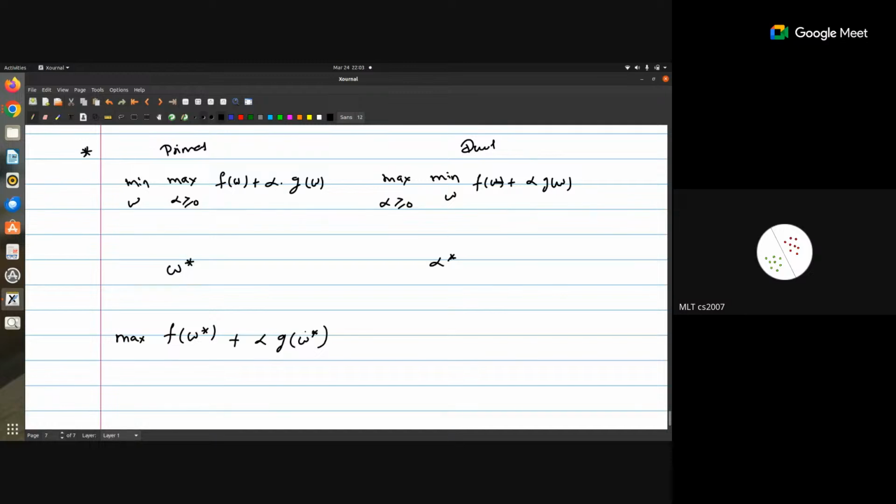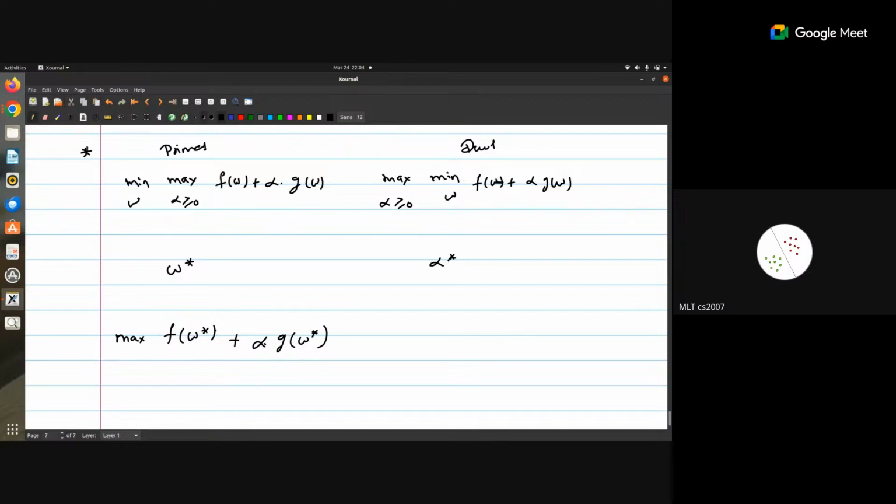We are saying that the solution for the primal should be equal to the solution for the dual, right? If it is not, then how do we prove it? We already said that if these two are convex functions, we are going to get the same thing. But let us say it is not.